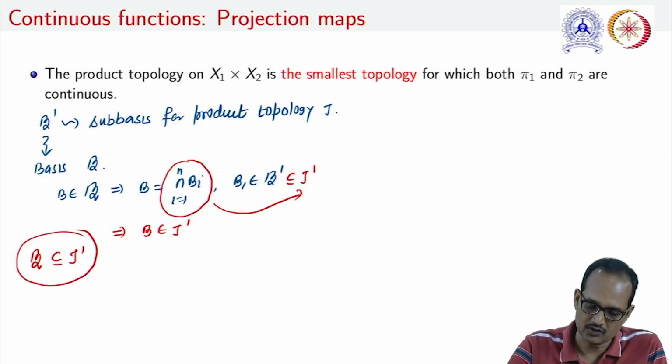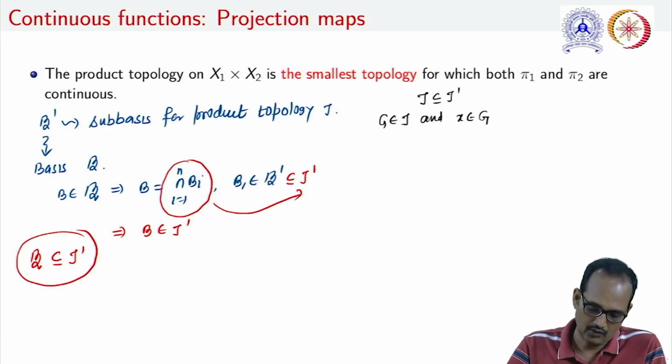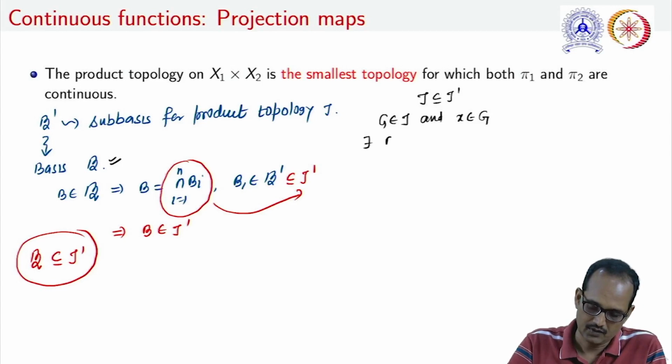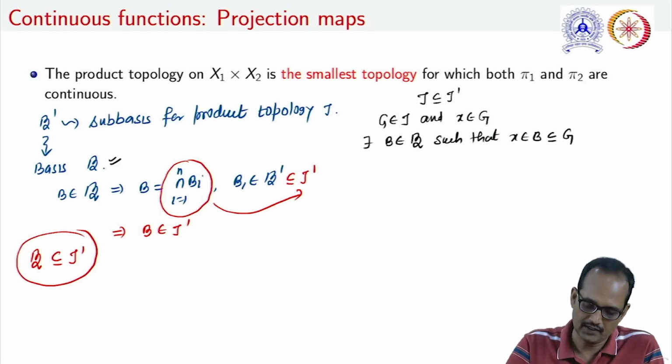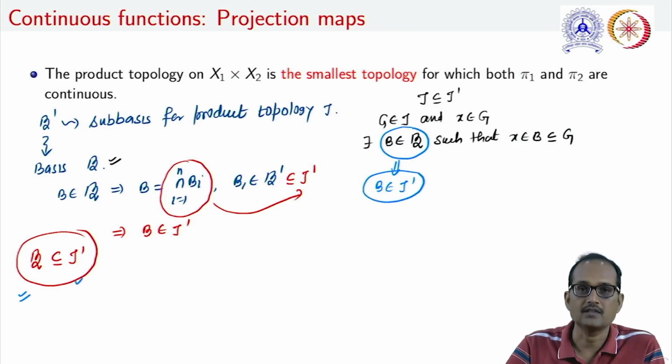Finally, if we want to justify that this product topology is coarser than tau dash, let us take any G belongs to tau and any element x of this G. Because this B is a basis for the product topology, we can find a member B in this basis such that x belongs to this B and this B is a subset of G. But note that if B belongs to the basis, B also belongs to tau dash because this basis is inside tau dash.